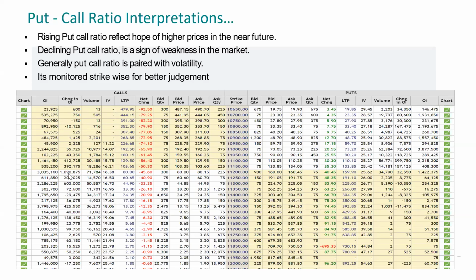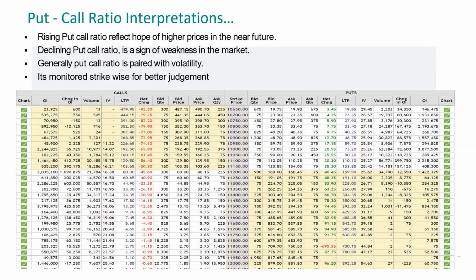And change in OI, what is that? For the fresh day, we are seeing that this many contracts have been added. After 30 lakhs, 10 lakhs were added on the same day. That means 30% volume has been added here as well, which means that 11,200 is a very active strike.